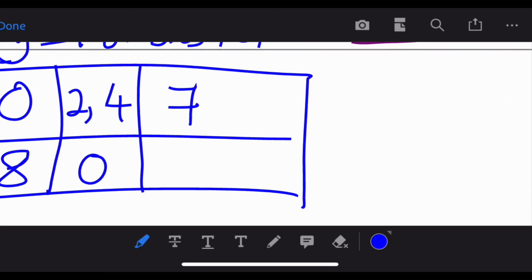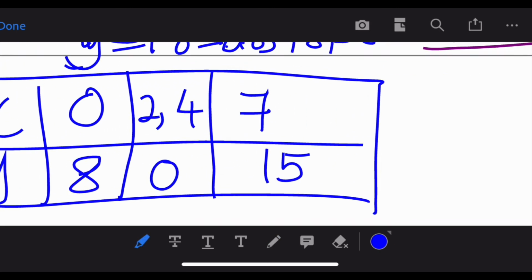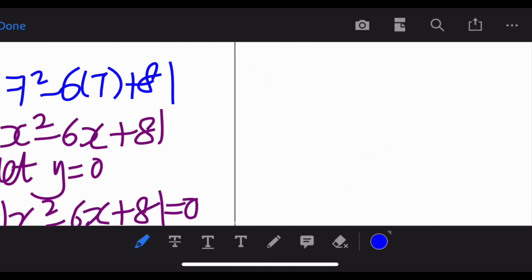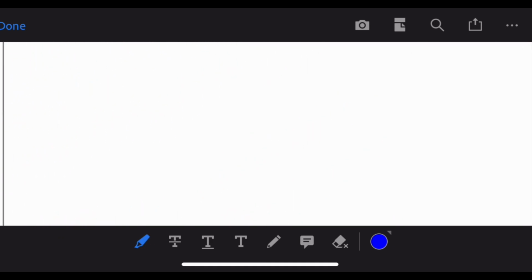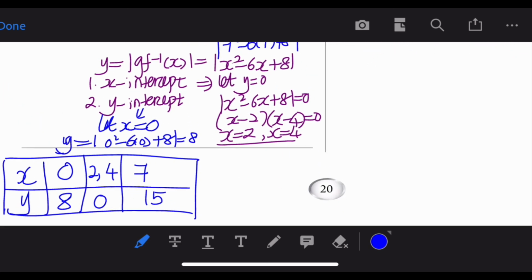So we have 15, substitute into the function, then only we will sketch. Okay, how to sketch this graph? This is a very challenging graph. Now I'm going to show you how to sketch the graph involving quadratic function modulus.